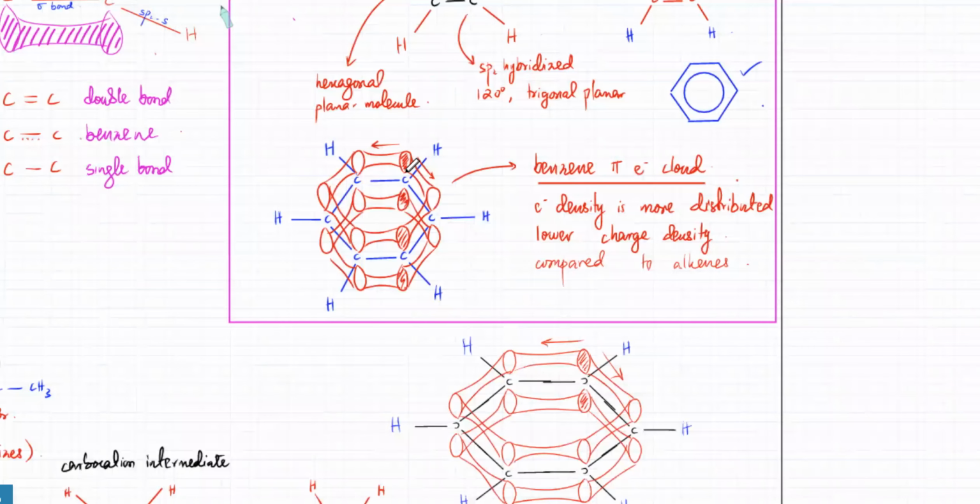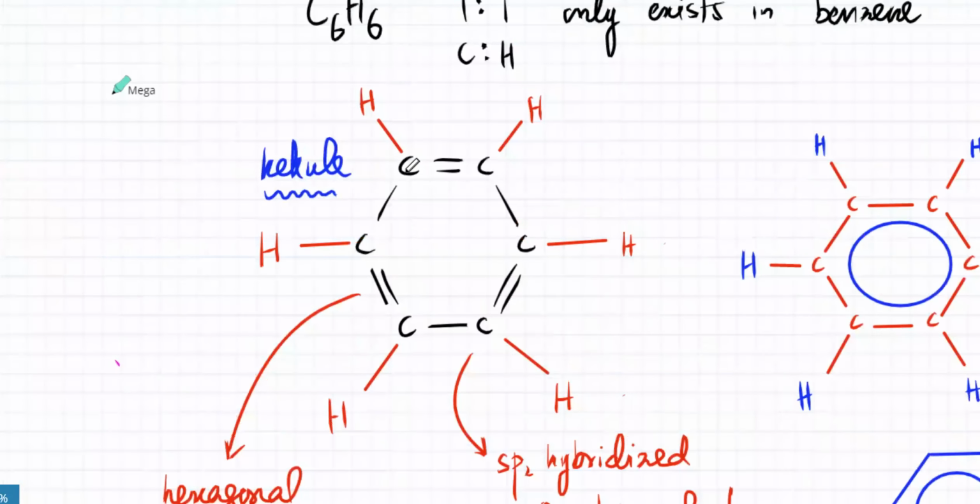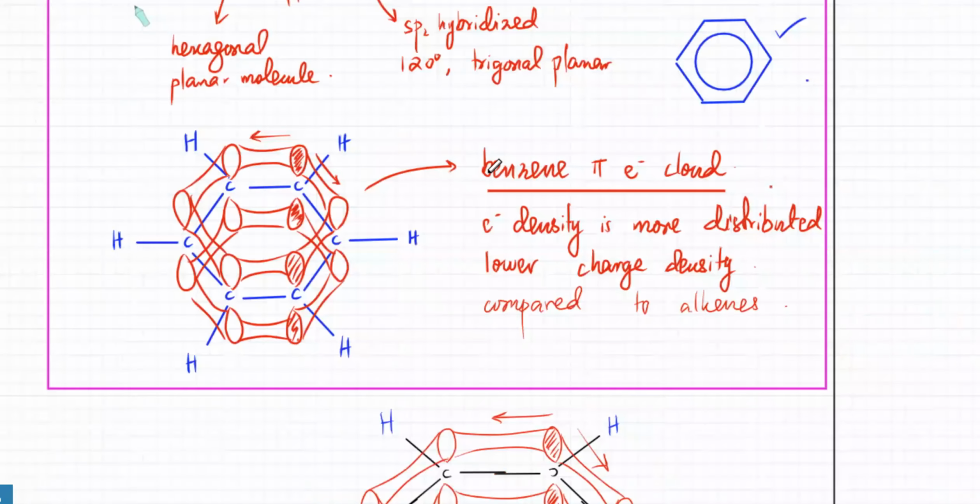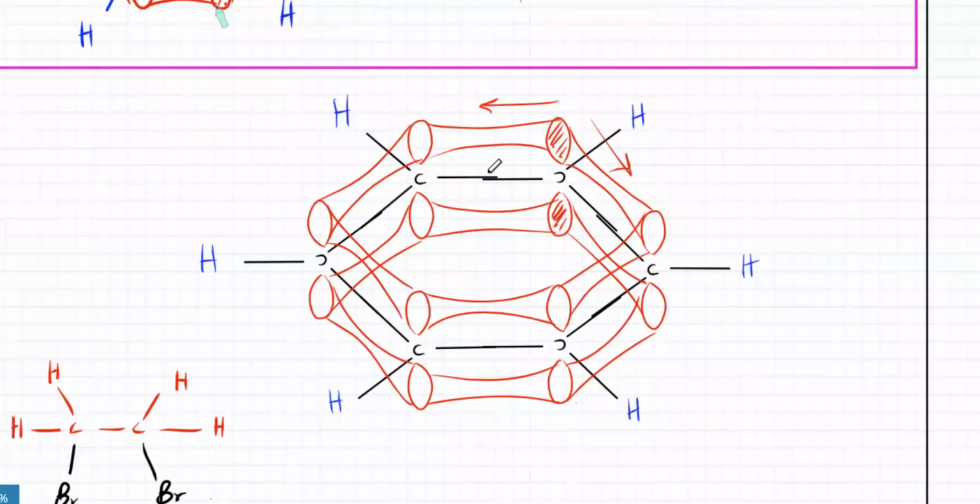Like this is a simplified version of benzene. You can see that carbon is bonded to just 3 atoms. So what does the 4th electron do? The 4th electron overlaps with the other carbon's 4th electron. Everyone has a p orbital. Each carbon atom has a p orbital, and the end result is they all get mixed up.